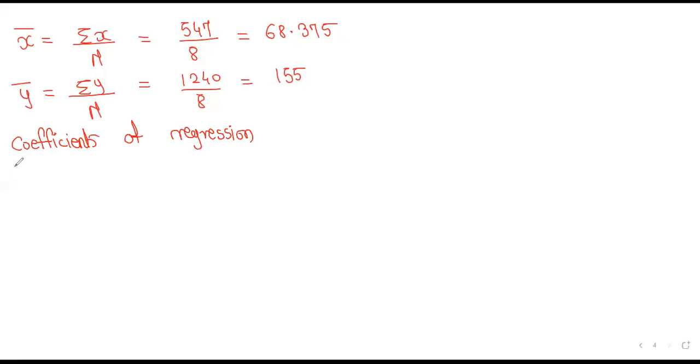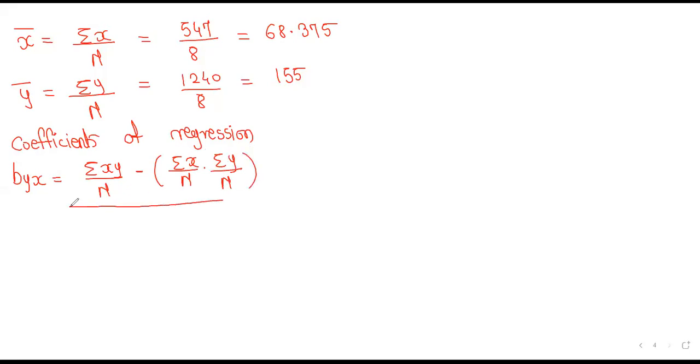So BY(x) is equal to summation of xy divided by capital N minus summation of x divided by capital N into summation of y divided by capital N and divided by summation of x square divided by capital N minus summation of x divided by capital N bracket square.